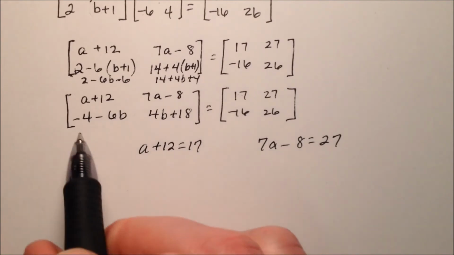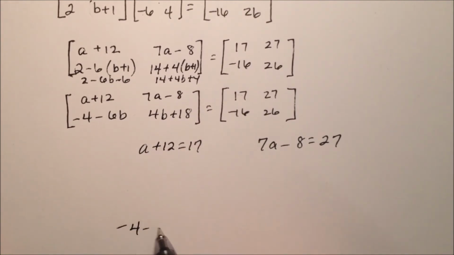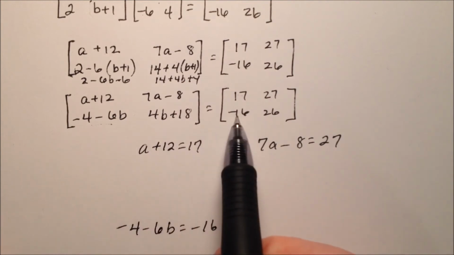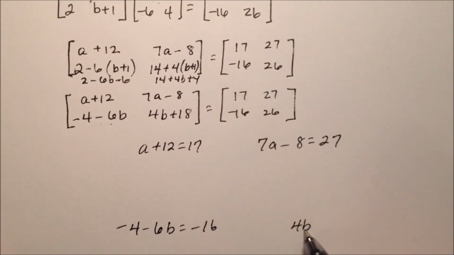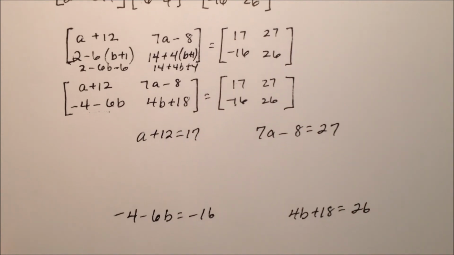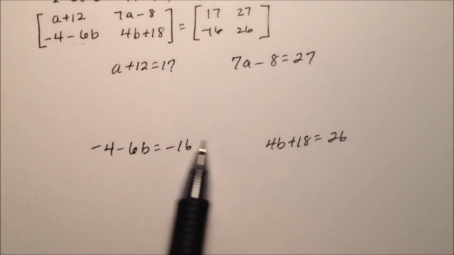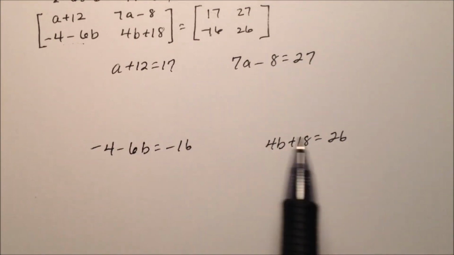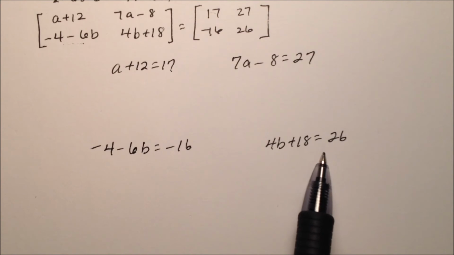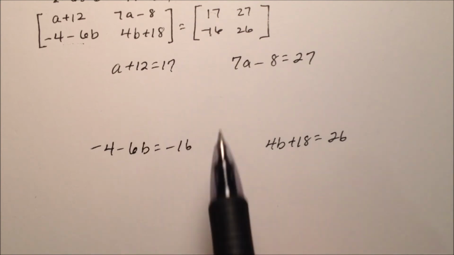And if we drop down a little, we could say negative 4 minus 6b equals negative 16, and then 4b plus 18 equals 26. The thing worth noting: 4 equations, but only 2 unknowns. So I really only have to do the bare minimum to solve.